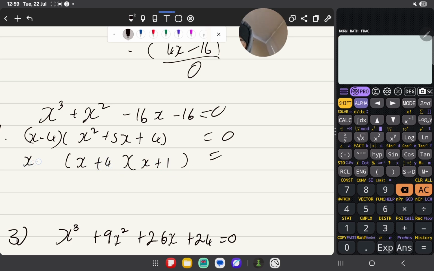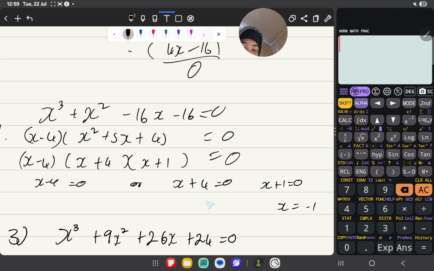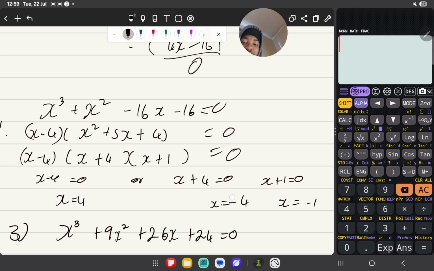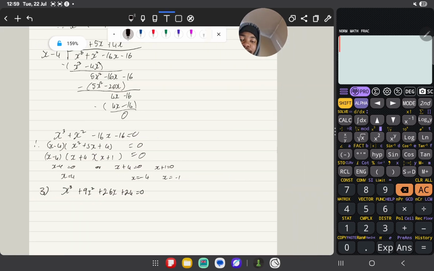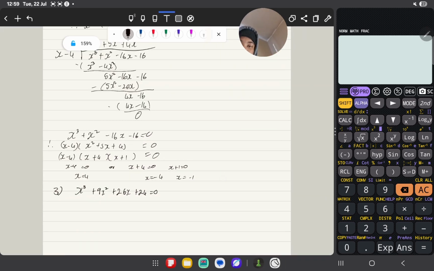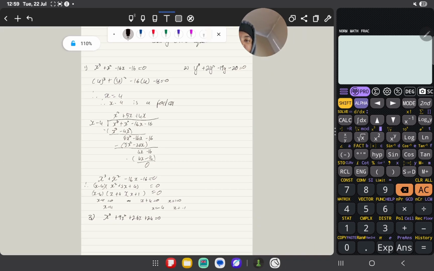Then you say x minus 4 equals 0, or x plus 4 equals 0, or x plus 1 equals 0. Then x equals 4, right? So just like that, you have solved this thing. Let's go for the next problem.